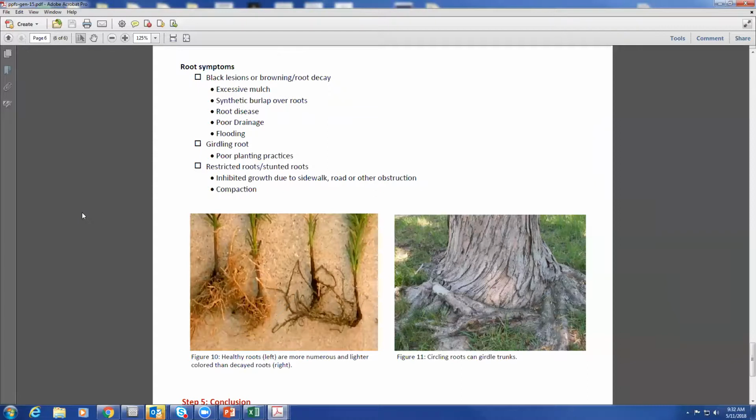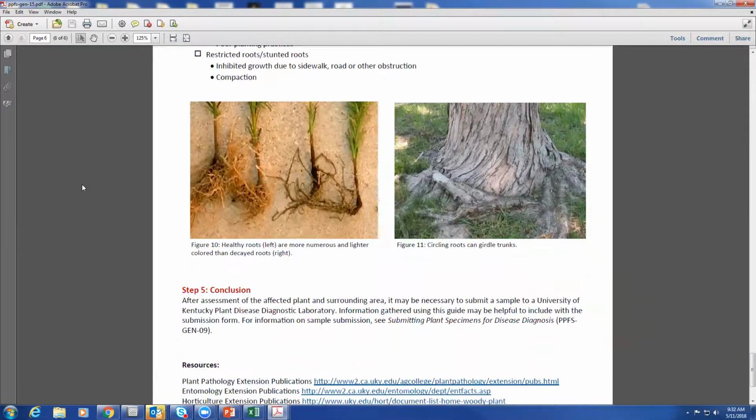And sometimes if it's a tree, we just won't know. So consider root symptoms, especially if an entire plant is damaged. And root symptoms can range from compaction to burlap and wire still in that root ball, to bad drainage, or root rots like Phytophthora or black root rot.